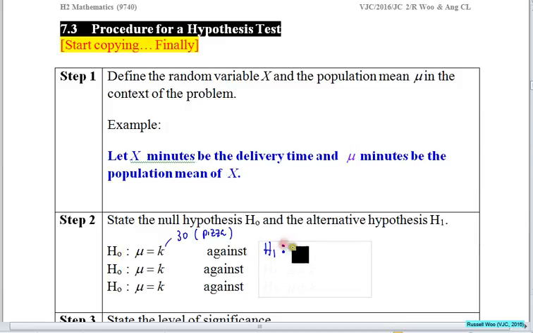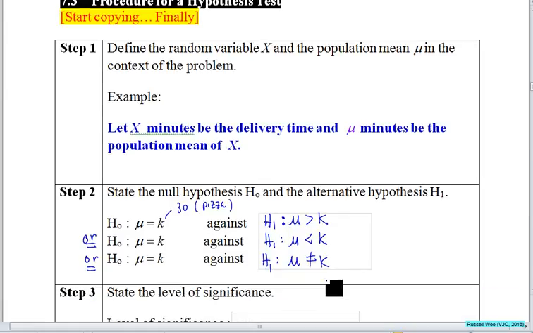Your H1 could be mu greater than k, or mu smaller than k, or mu not equal to k. There are 3 cases. You can only choose one. You cannot do all in one test. You choose one depending on the context.